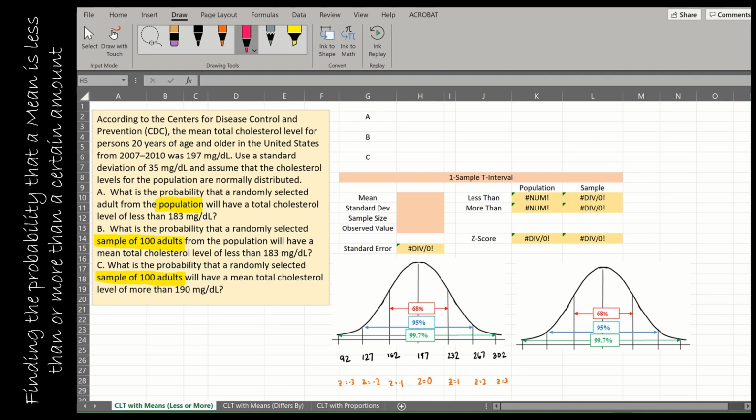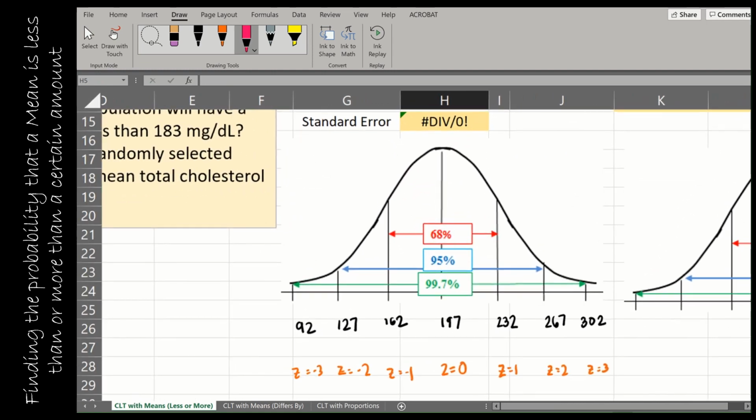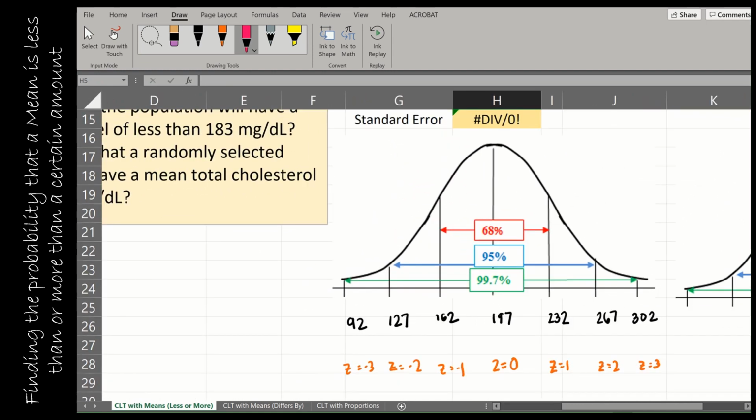And what all of that means is that if I take a look at the normal model, I can put 197 in the middle, and then as I move to the right, I can add 35, which is the standard deviation, and then add 35 again and add 35 again, and I can subtract going to the left, and that should take care of about 99.7% of my values.